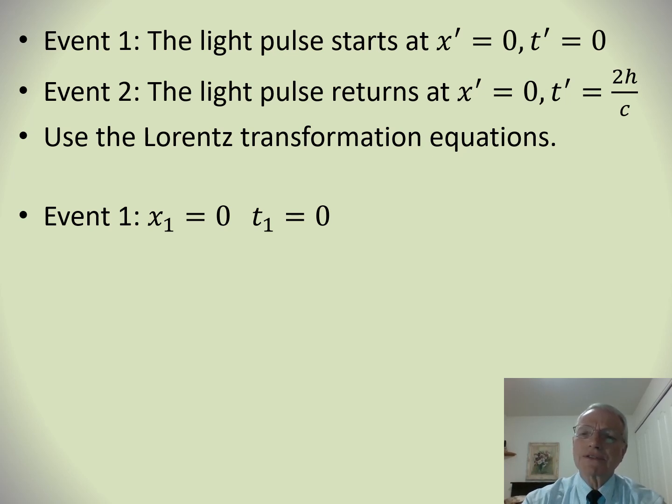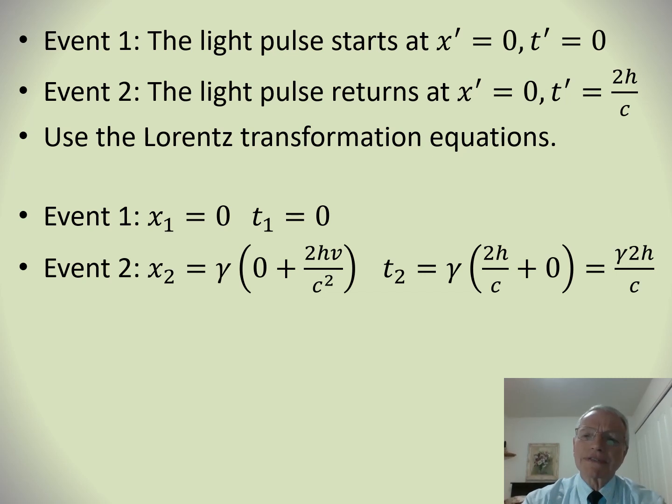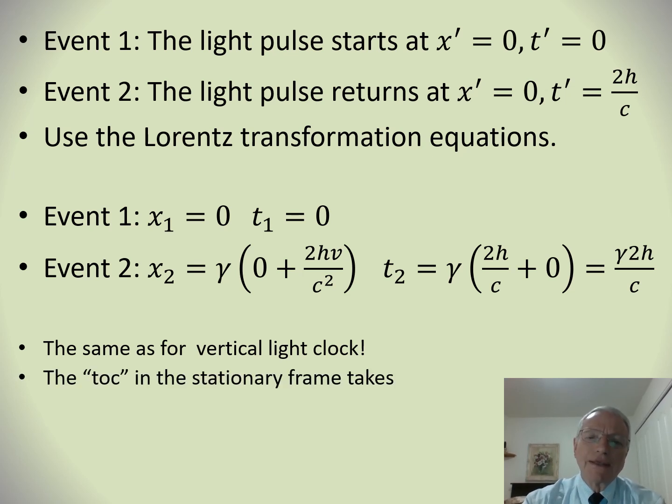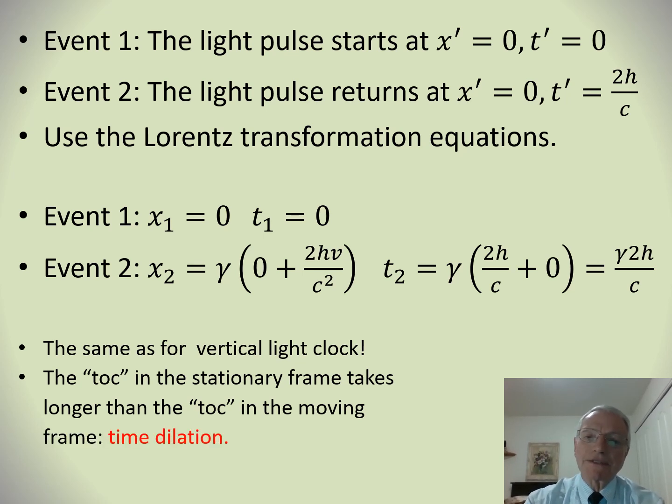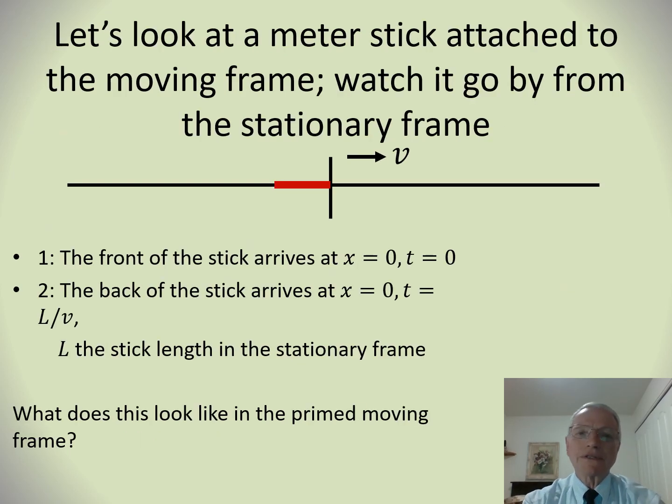Even though the light clock is horizontal, it works the same way, and you get the same gamma 2h over c answer for the time of a tick-tock in the stationary frame. It takes longer, and it's time dilation. So it doesn't matter whether the clock is vertical or horizontal, you get the same answer either way. So it's not the orientation, it's the fact that it's a clock that makes it run slow.